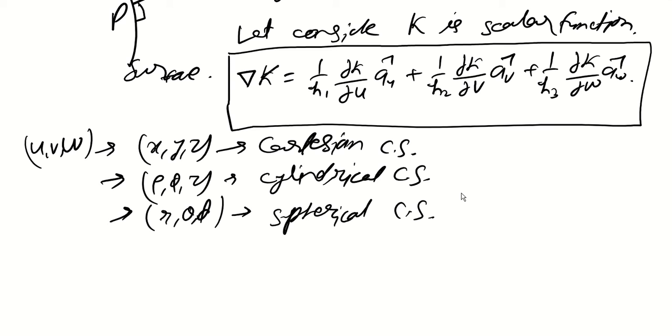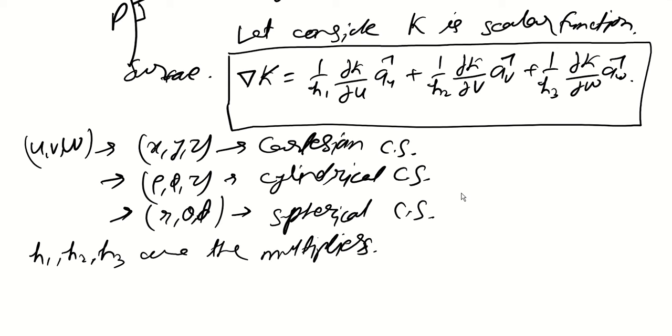Okay, so now what are the three quantities h1, h2, h3? So h1, h2, h3 are actually the multipliers. If you understand these three multipliers, then it is very easy for you to understand the gradient, divergence, curl, all these three in all the three coordinate systems together. So you don't have to memorize the formula later.